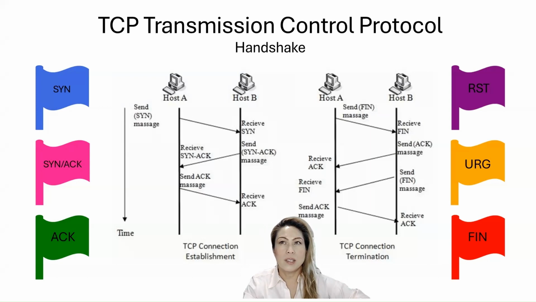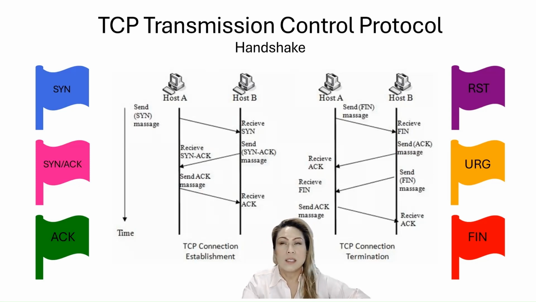What's a TCP handshake? Well, TCP stands for Transmission Control Protocol. It's the three-way handshake that I mentioned earlier. There are different flags that come with the Transmission Control Protocol: the SYN, the ACK, the FIN, URG, PSH, and RST. SYN is the synchronization sequence number. ACK is acknowledgement, acknowledging that the packet has been received successfully.